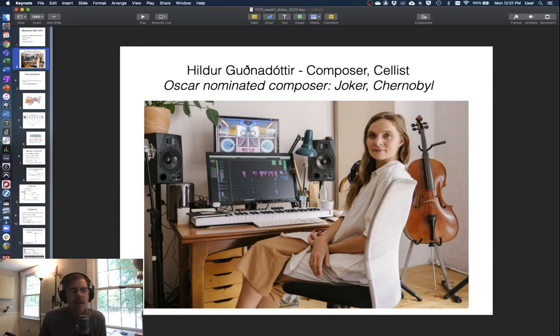The first reason is that it really showcases how studios have evolved from these massive, very expensive, equipment-filled, otherworldly realms to a place that you can have in a small apartment. Hildur is a very renowned composer for film, yet her workspace is very modest and accessible. It's a simple desk with a pretty great computer over here, but that's not simple. It's actually a pretty expensive computer.